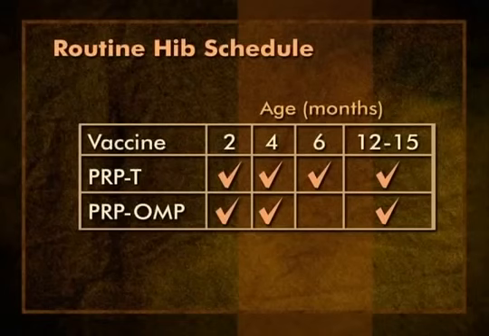PRP-OMP or PedvaxHIB is a 2-dose schedule at 2 and 4 months. A dose of PedvaxHIB at 6 months is not required. For both vaccines, a booster dose should be given at 12 to 15 months of age. The minimum age for the last dose of the Hib series is 12 months.